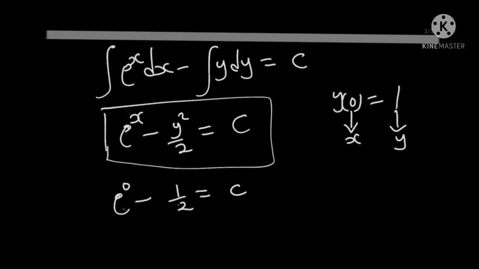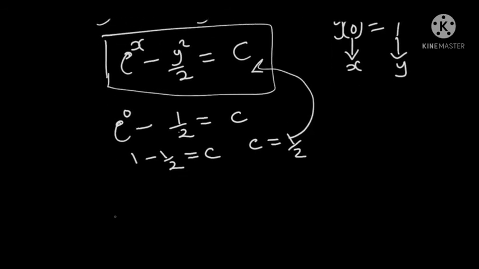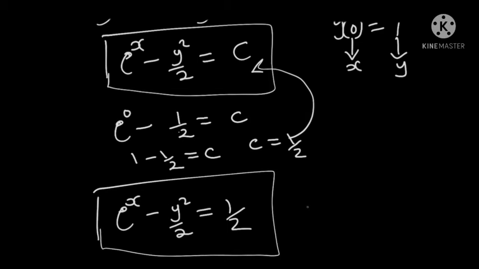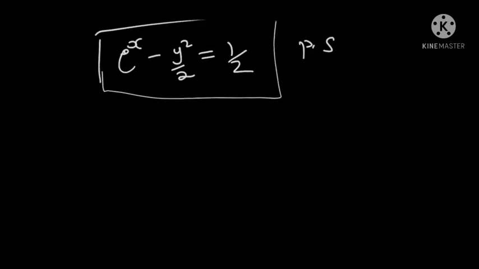Therefore, exponential to the 0 is 1, minus a half equals to c. Therefore, the value of c is a half. Now we can substitute c with a half. So we have exponential to the x minus y squared over 2 equals to a half. This is the required particular solution or unique solution.